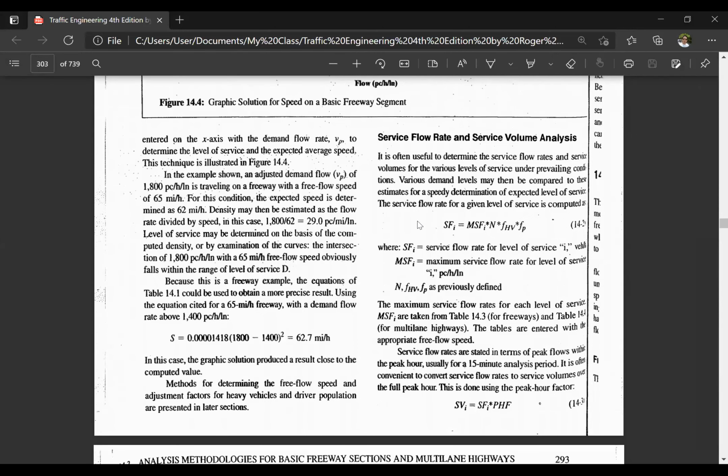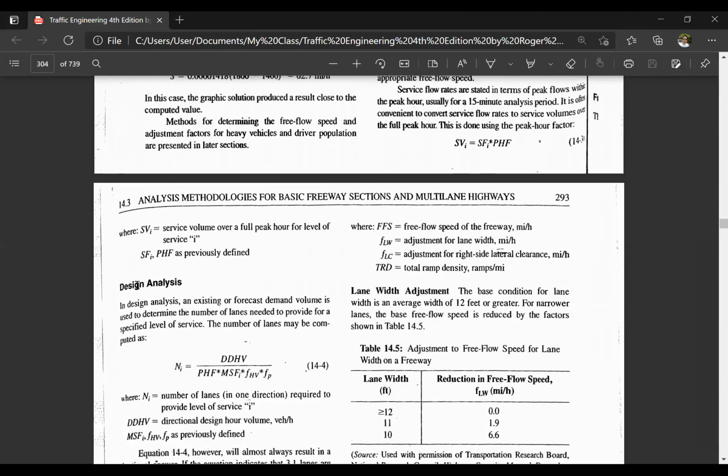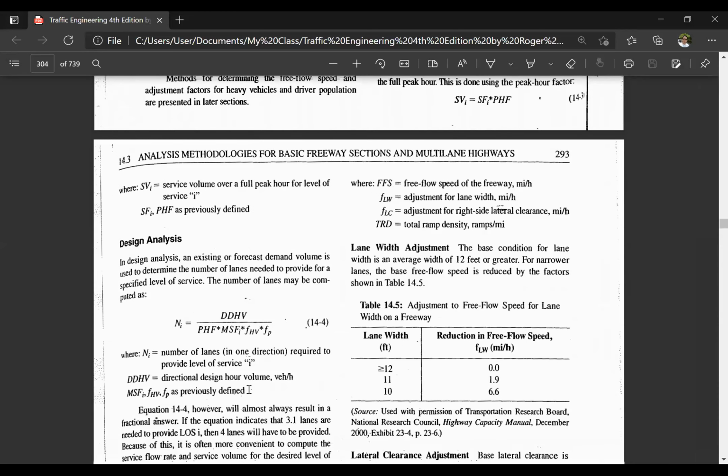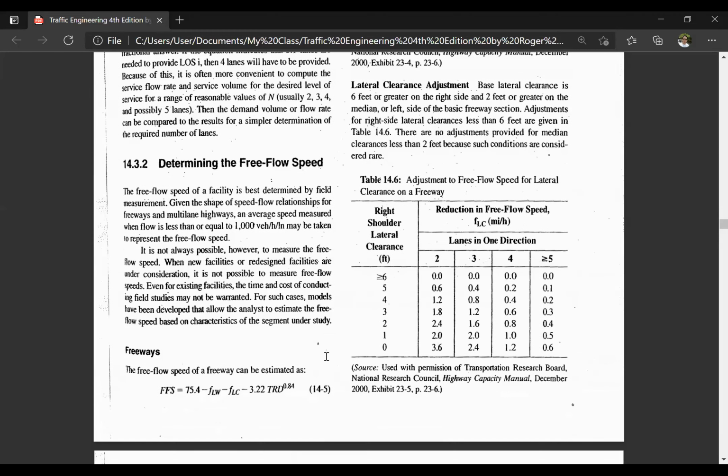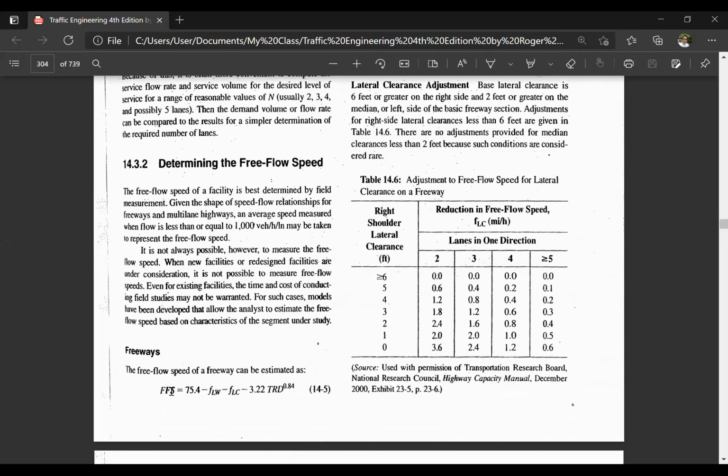We already talked about this part, service flow rate and service volume analysis, and we talked about the design analysis over here. Come to 14.3.2, determining the free flow speed. The free flow speed of a freeway can be estimated using this equation 14-5, determining free flow speed, FFS.